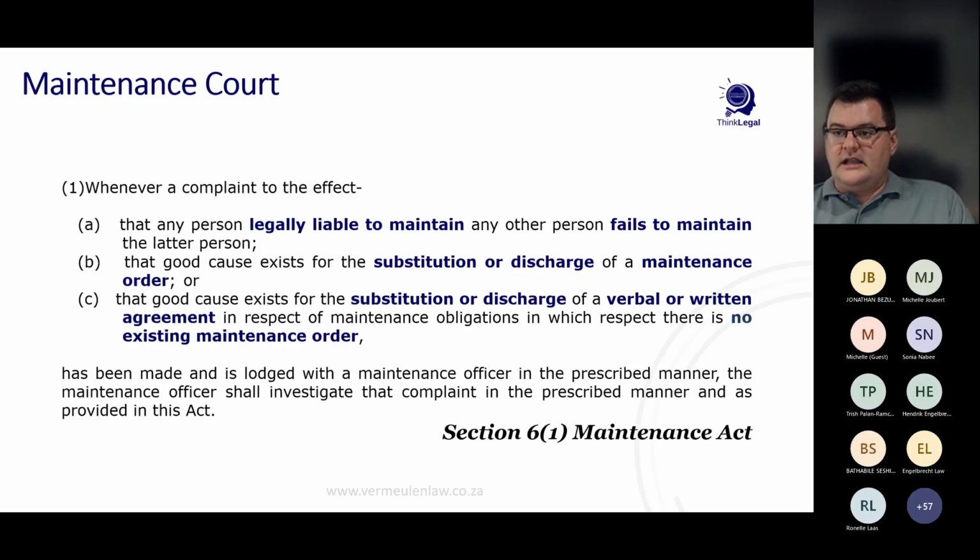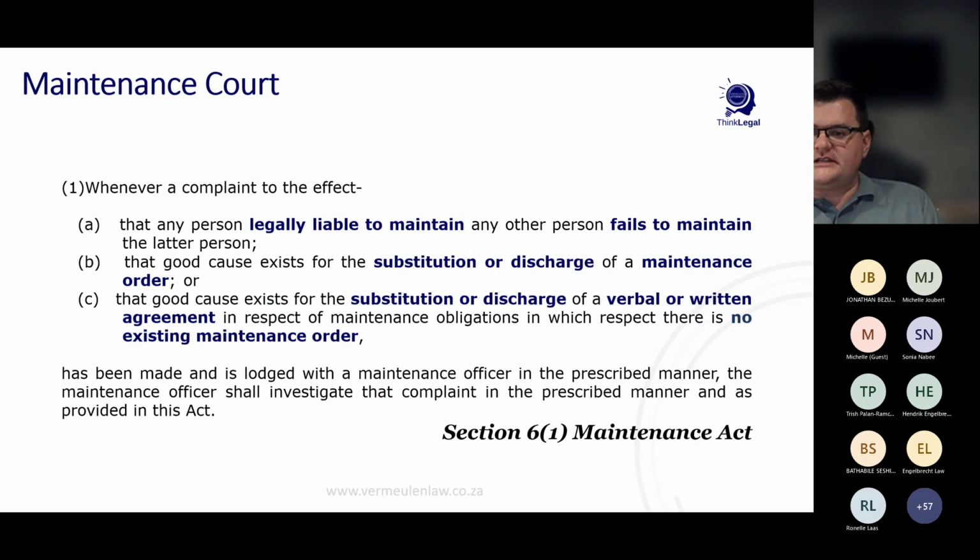Whenever a complaint is made that any person liable to maintain any other person fails to maintain the latter person, that's sub A. B, that good cause exists for the substitution or discharge of a maintenance order, or C, that good cause exists for the substitution or discharge of a verbal or written agreement in respect of maintenance obligations, in respect of which there is no existing maintenance order, has been made and is lodged with the maintenance officer in the prescribed manner. The maintenance officer shall investigate that complaint in the prescribed manner and as provided for in this Act.